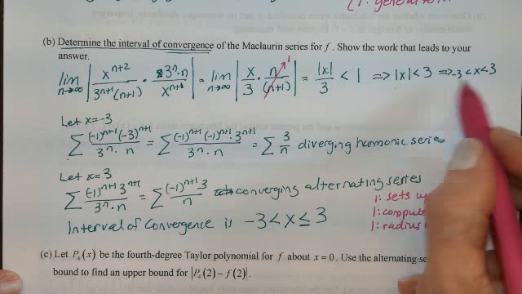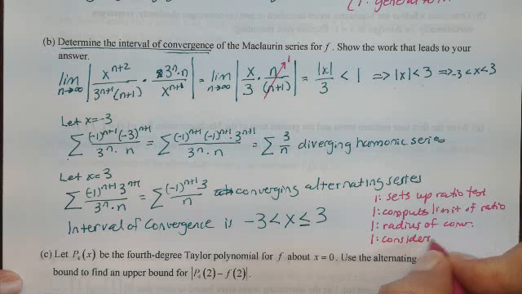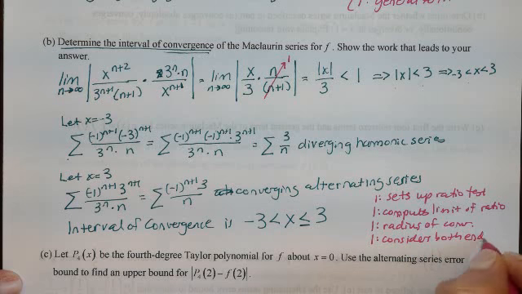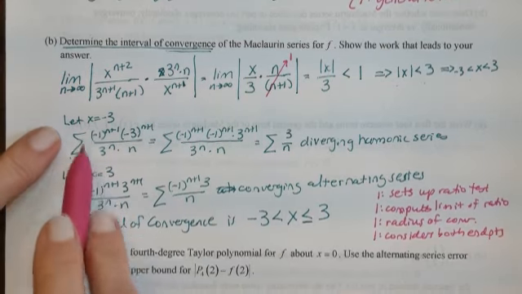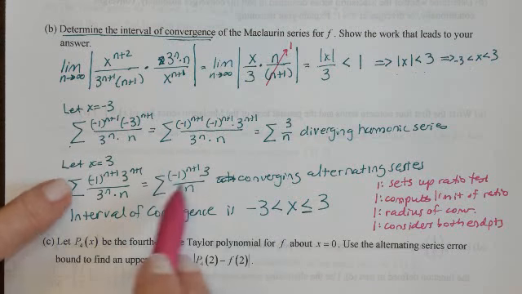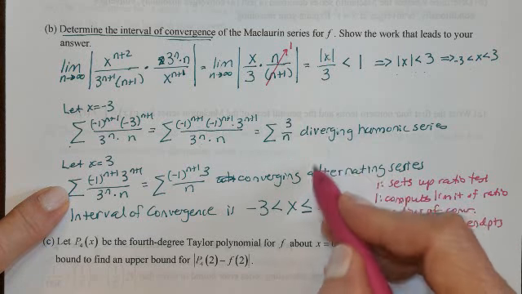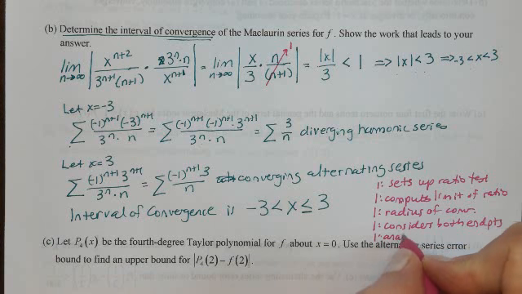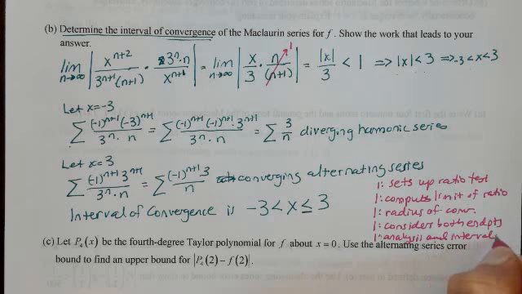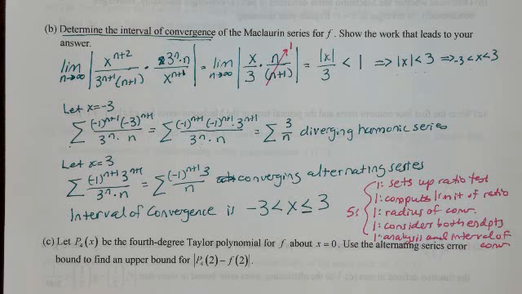So you found that here. 1 point for considers both endpoints. So even just trying to find out what these endpoints did, you considered them, right? So that even if you didn't get the correct answer here, you would have gotten that point. And then 1 point for the analysis and the interval of convergence. So 5 points, big points for finding the interval of convergence.